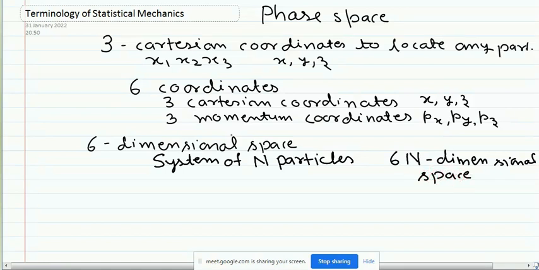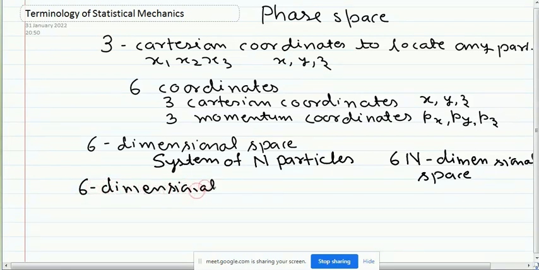Now we can represent all these n particles in two ways. Either we take the six-dimensional space, and then in that space we put n phase points corresponding to each particle.